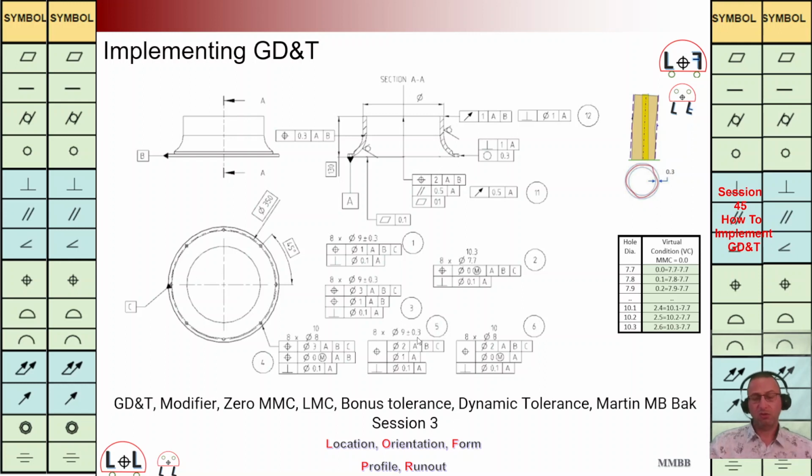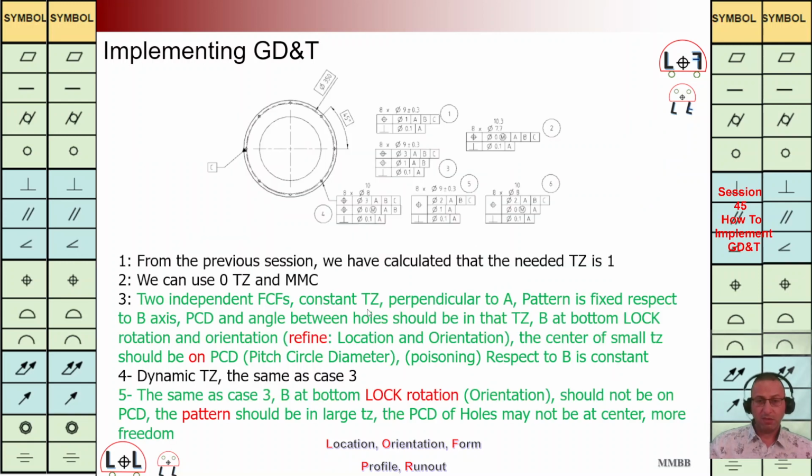For now, I would like to compare case number 3 and 5. As we know, in case number 3, we are going to refine the TZ. We are going to take care about location and orientation. But whenever we are going to have this composite positioning control in second line, we are going to take care about the orientation, not location.